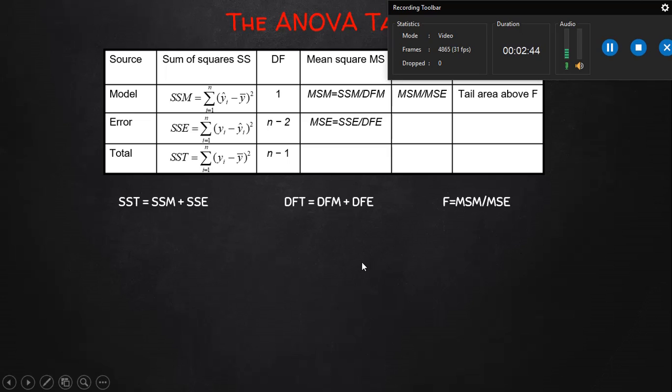So this table we looked at yesterday a little bit. What you're seeing on the left-hand side are the different sources of error. The sum of the squares tells me the value of each of those sources. They can be calculated by hand, but we typically do not. We either let Minitab or the calculator do it for us. We have our degrees of freedom.